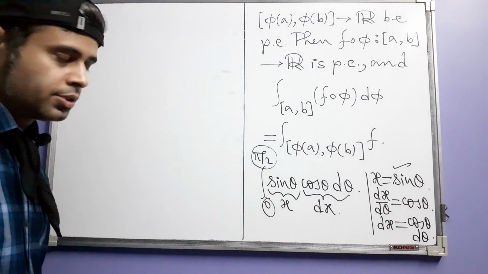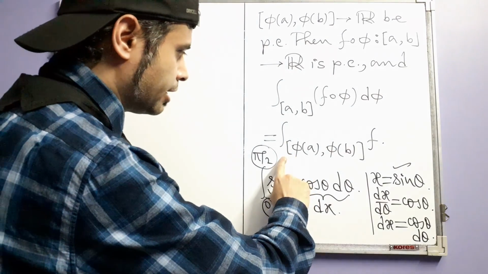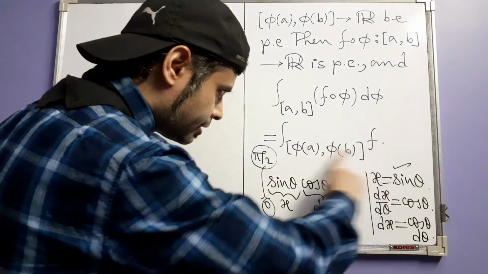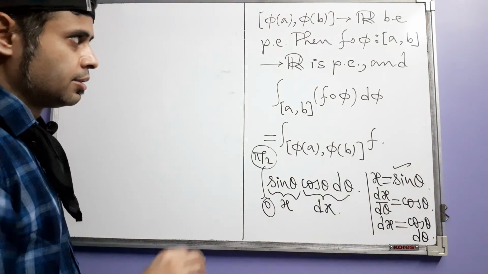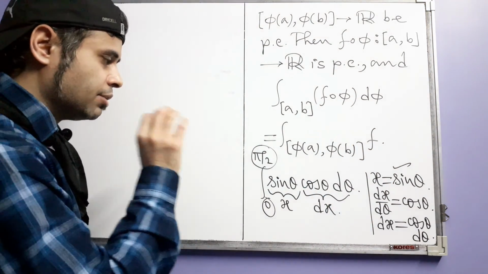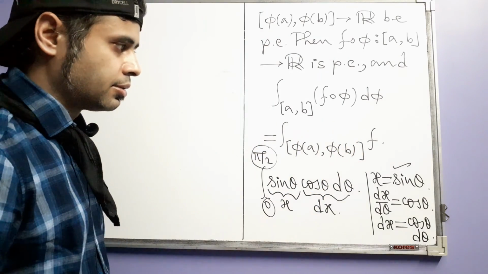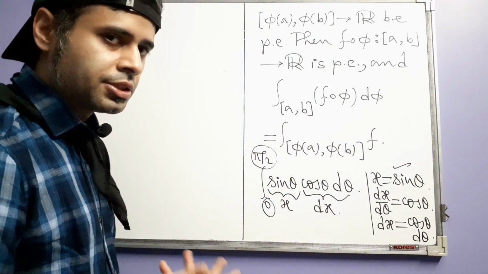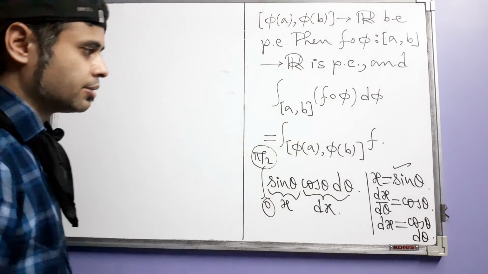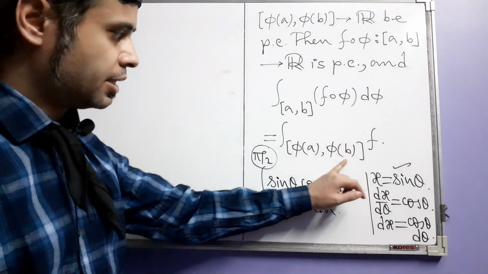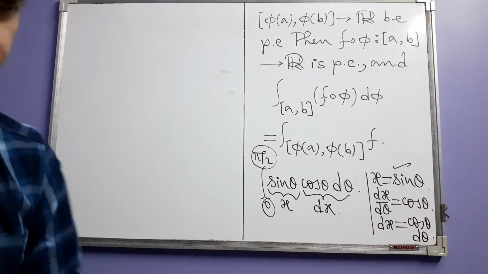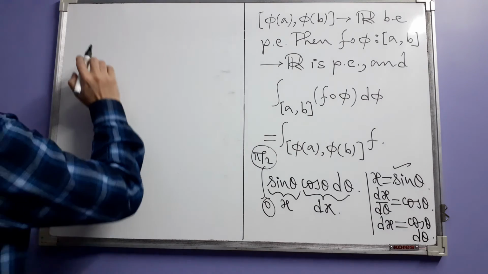In the proof, we are first of all going to write what this right hand side integral is. Note that it's already given that f is piecewise constant. So it will be piecewise constant with respect to some partition of the domain of f, that means this interval. So this is how the proof starts.